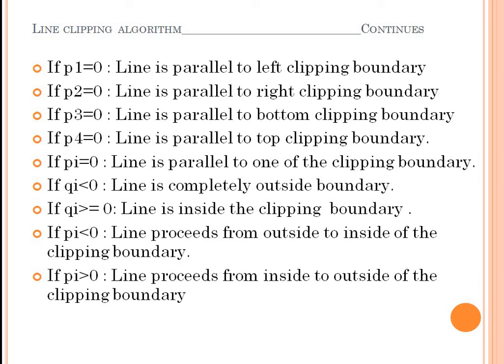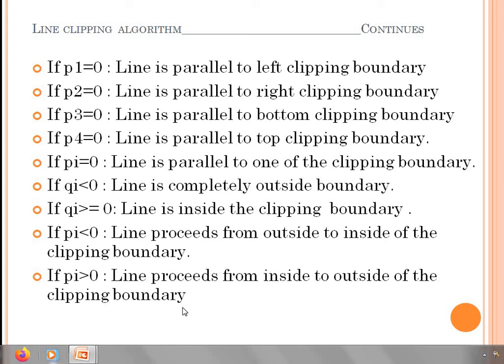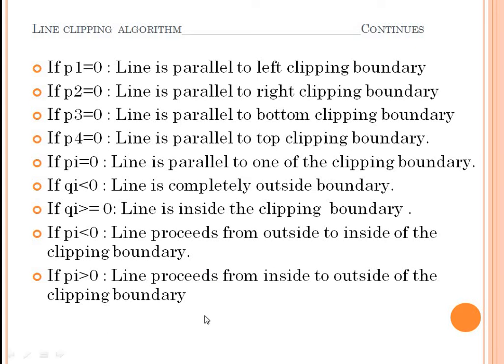If pi is equal to 0, the line is parallel to one of the clipping boundaries. Here is one condition: if qi is less than 0, the line is completely outside the boundary; if qi is greater than or equal to 0, the line is inside the clipping boundary. Then if pi is less than 0, the line proceeds from outside to inside, and if pi is greater than 0, the line proceeds from inside to outside.